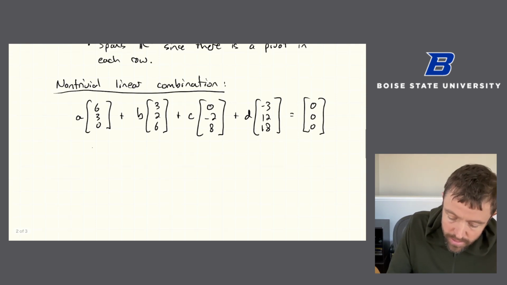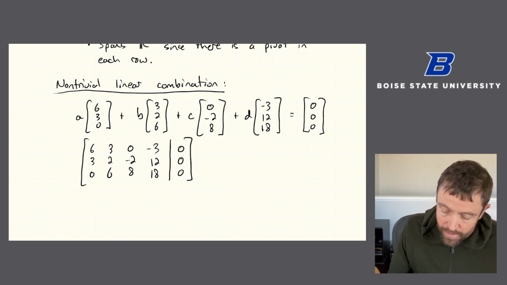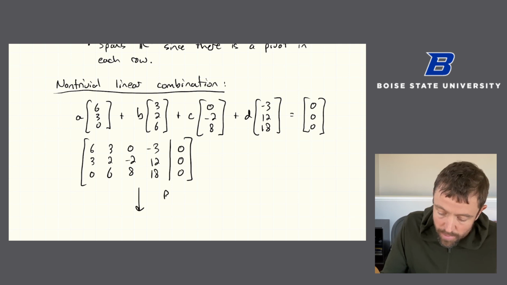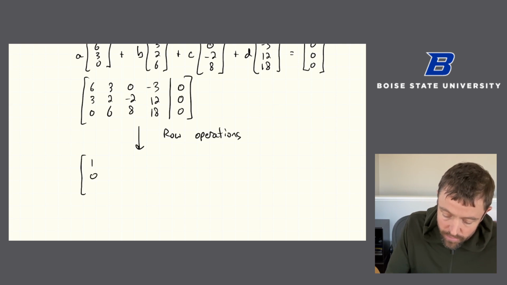Well, I would create an augmented matrix, and through a series of row operations, I would convert it into reduced row echelon form.